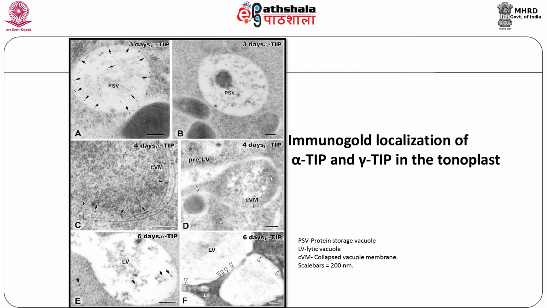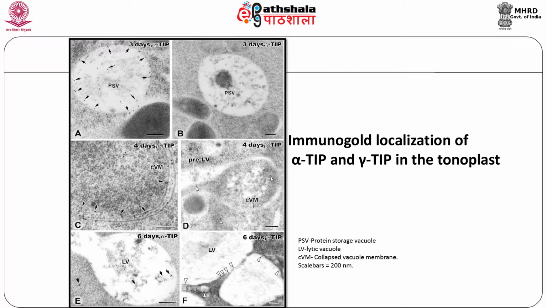Immunogold localization of alpha TIP and gamma TIP in the tonoplast membranes of inner cortex cells in 3, 4 and 6D seedlings.